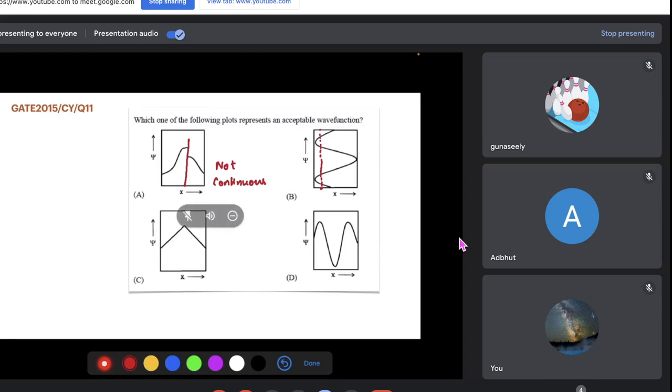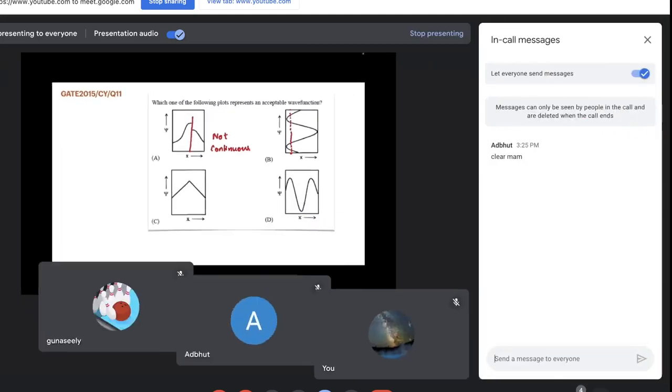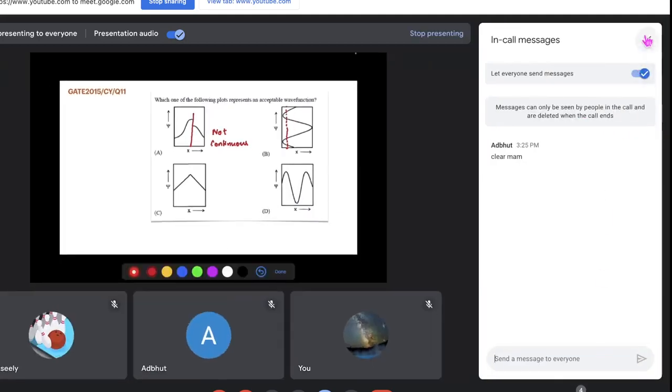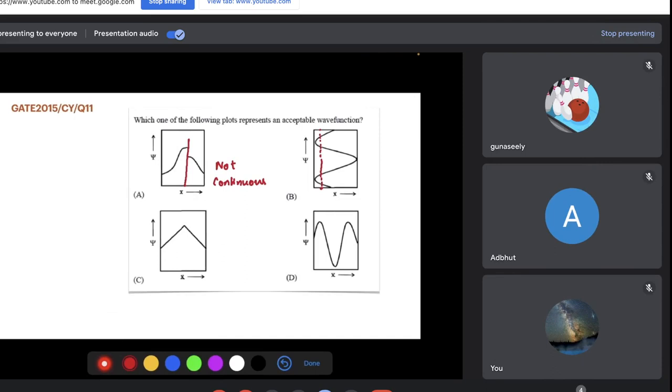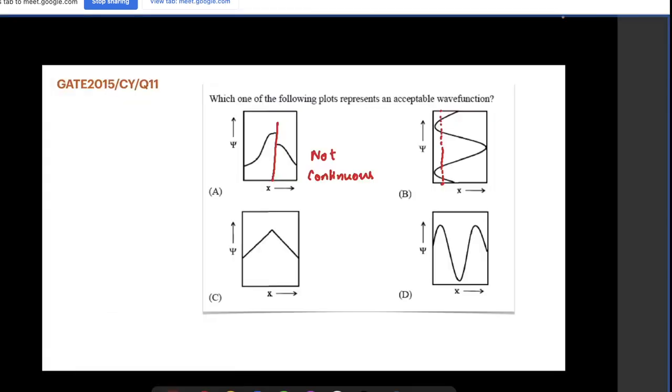And for C, you will see that this is a continuous wave function, but here the first derivative is not continuous, because at any peak point or any sharp point, the derivative of this function is not continuous.